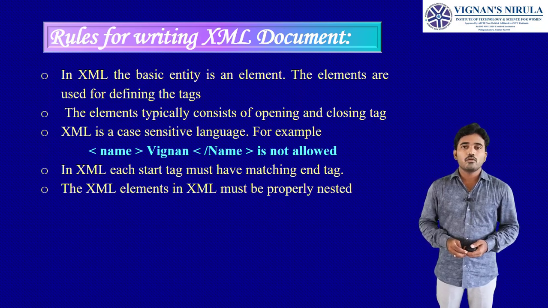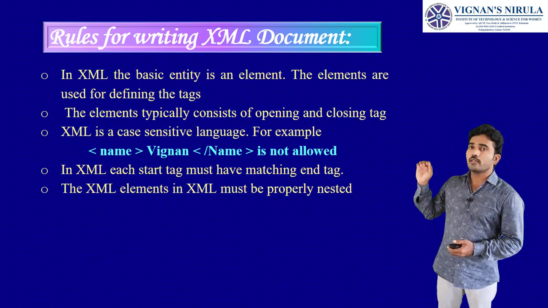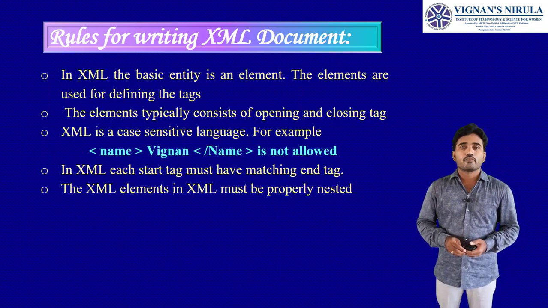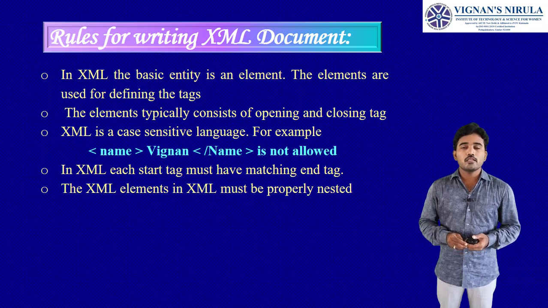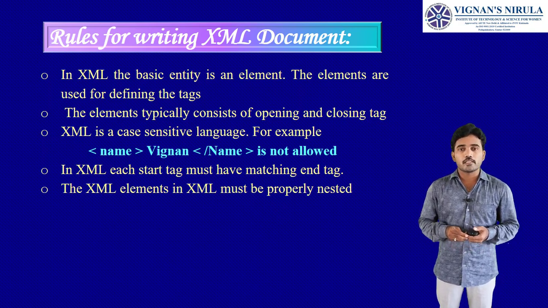Understood? Now, what are the rules for writing an XML document? In XML the basic entity is an element, where each element is used to define a tag, and these elements typically consist of an opening tag and a closing tag. XML is case sensitive, whereas HTML is not case sensitive.